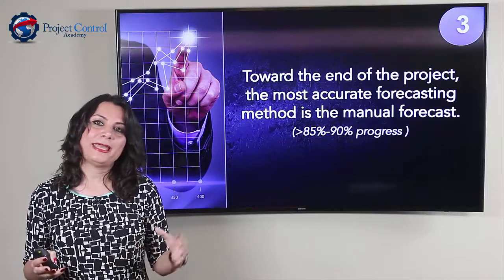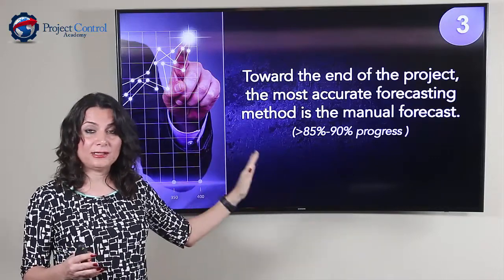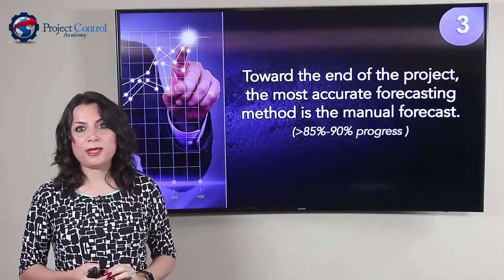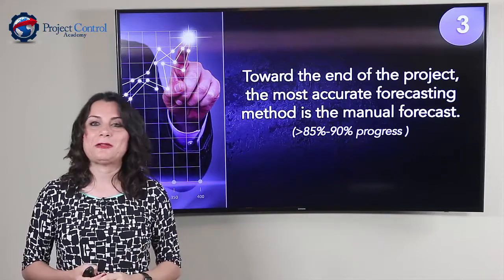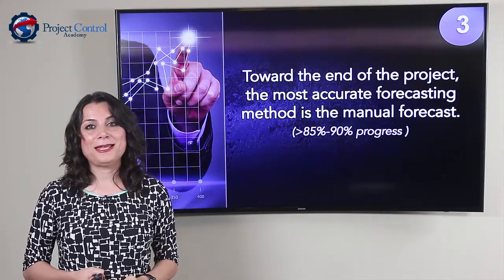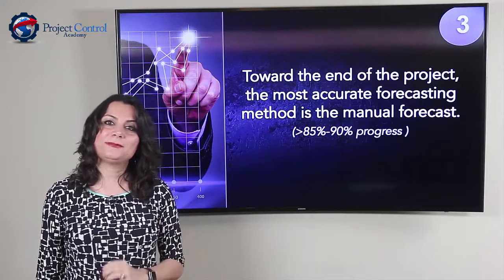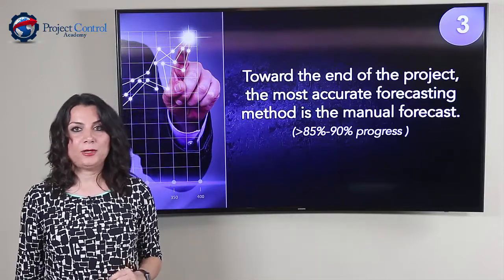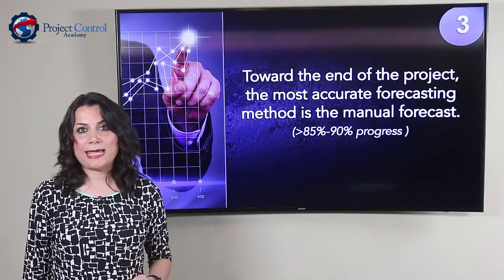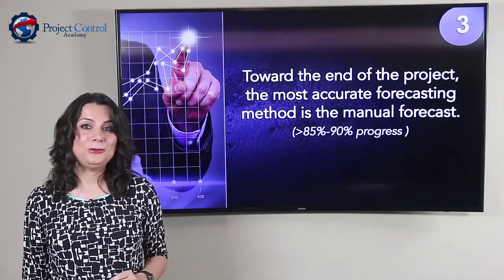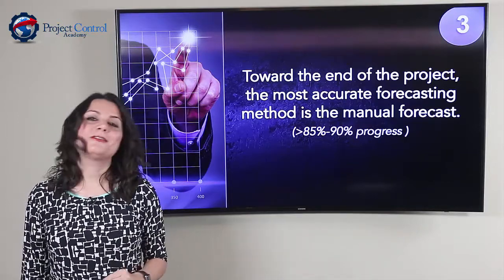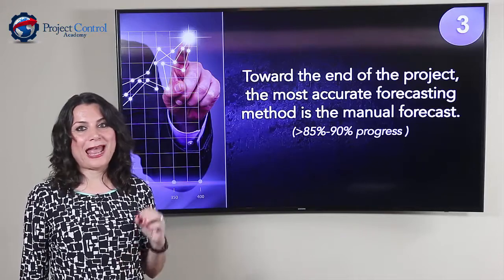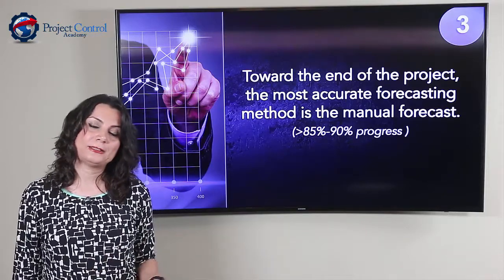So that's why at such late stages of your project, the best method is going to each control account manager and ask for the forecast. So these were the 3 considerations that I wanted you to take into account next time that you are checking your EAC formula and you want to come up with an accurate forecast for your project.